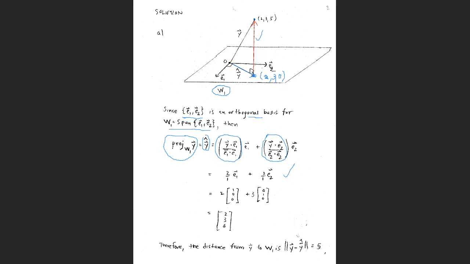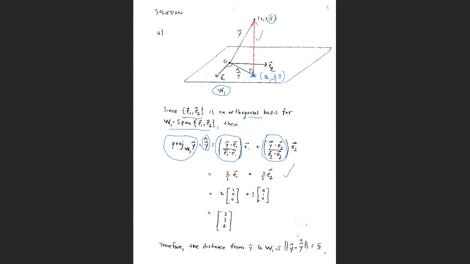So does this make sense, that the projection would have to be 2, 3, 0? Yeah, the span of these E1 and E2 vectors is the XY plane. And so if you take a vector out of the plane, the distance from that vector to the plane would just be the Z coordinate, which would be 5. But the point is, if you go from 2, 3, 5, just drop it perpendicular down, you would be at 2, 3, 0.